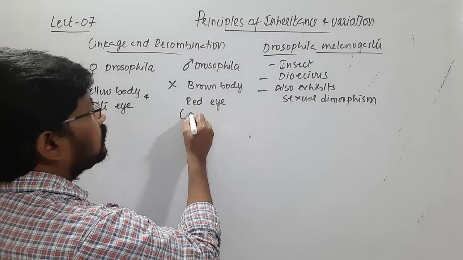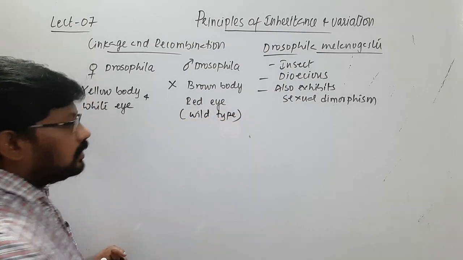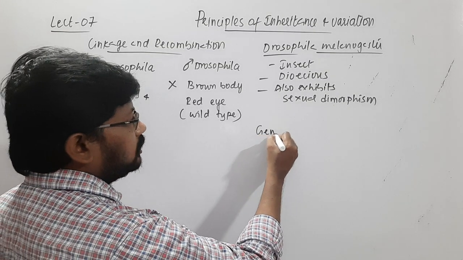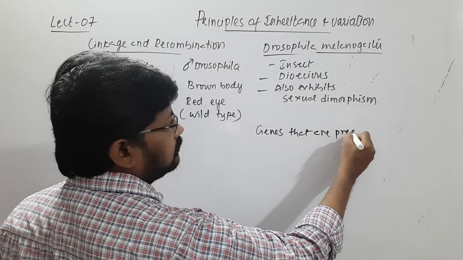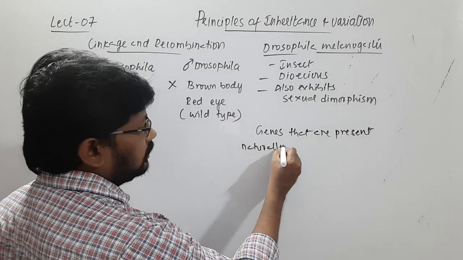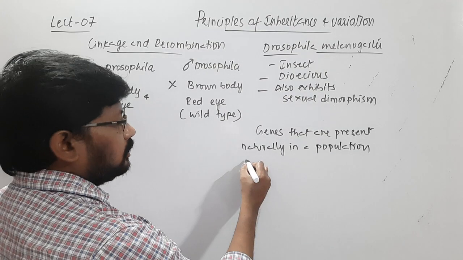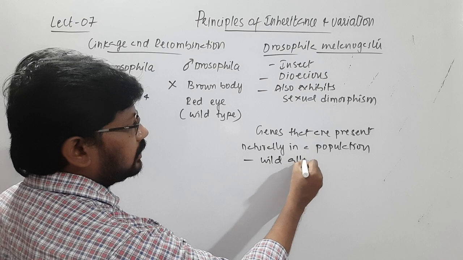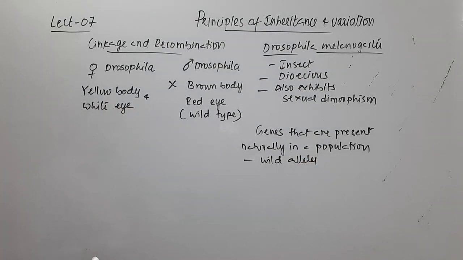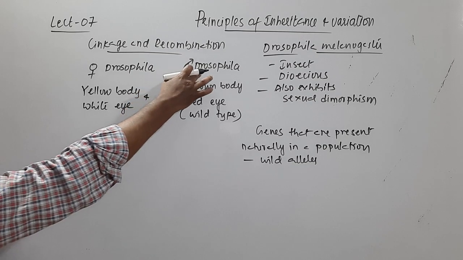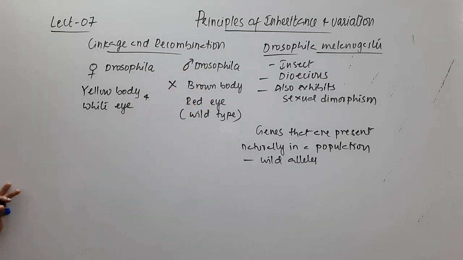Wild alleles are the genes naturally present in a population, and the one that has these wild alleles we call wild type.